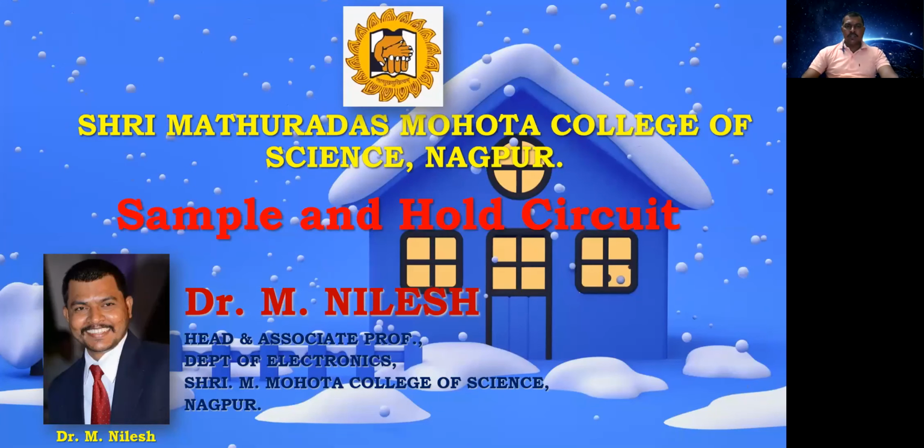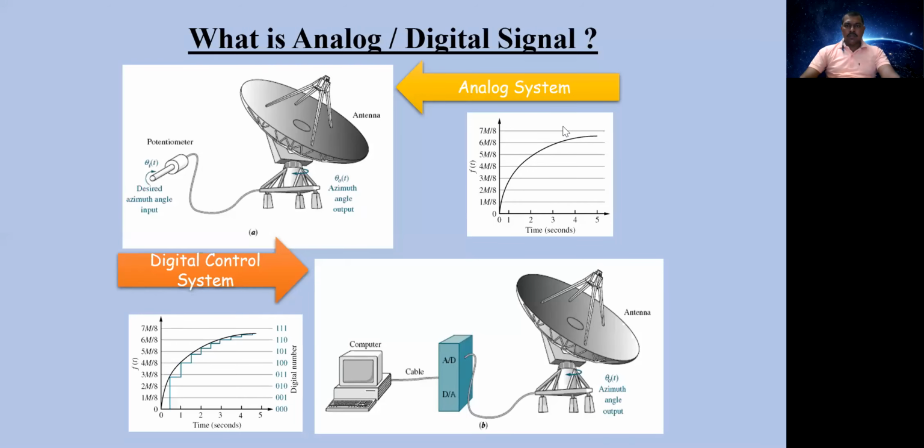Now, let us study what is actually analog and what is digital. Analog is a curve which is shown in this graph. The function of time which goes on changing with respect to time is called an analog signal, right? And this analog signal is being converted into digital form. Now, this is digital, converted with digital bits.